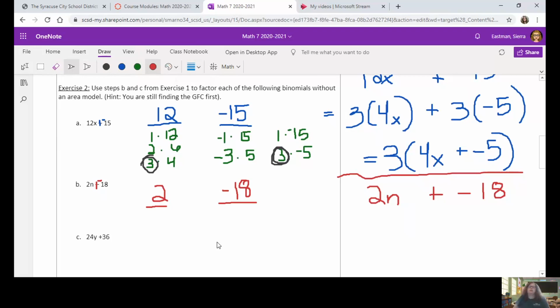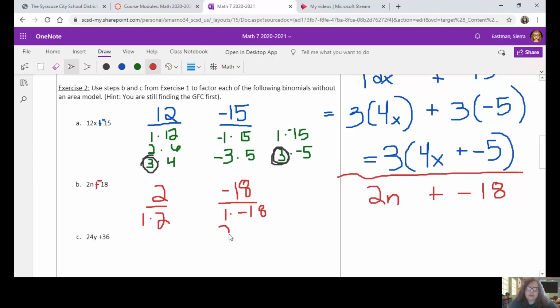Take a second, find our factors for 2, and then see if those factors also work for negative 18. So you remember 2 only has one factorization. And then instead of writing all 6 that we could have for a negative 18, we really only need 2 of them. 1 times negative 18 to match this 1 in case we need it.